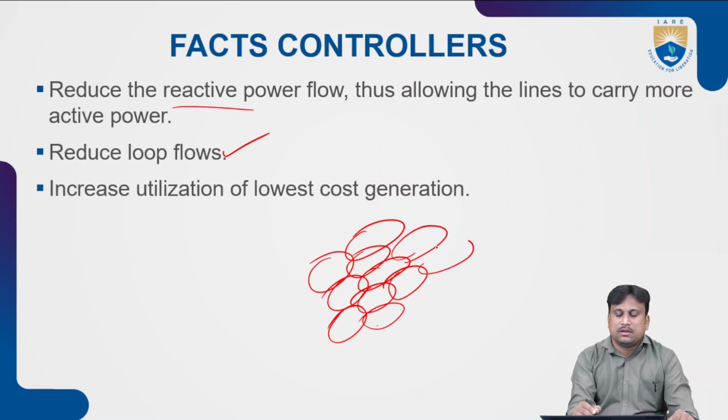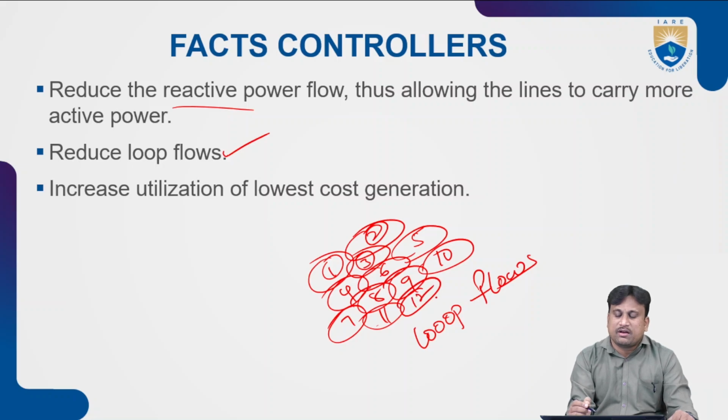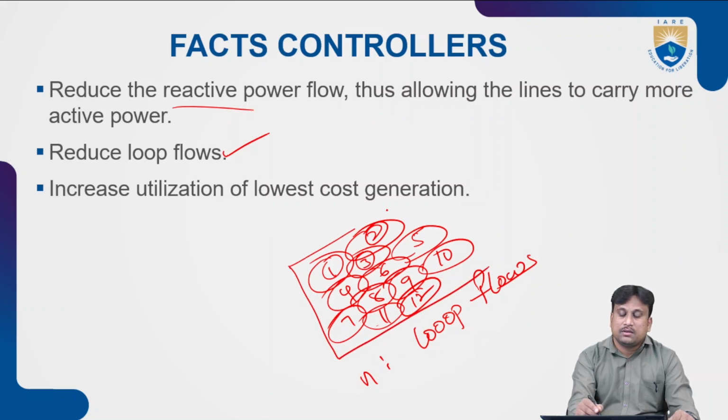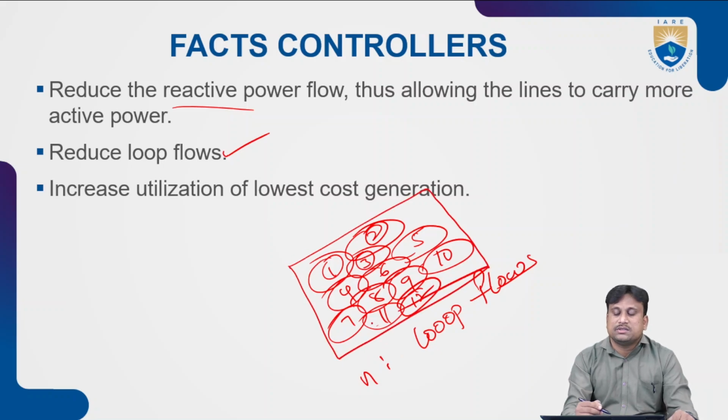So all these are the loop flows. This is loop 1, loop 2, loop 3, loop 4, loop 5, 6, 7, 8, 9, 10, 11. Like that we can consider a number of loop flows. N is the number of loop flows. Then for that whole number of loop flows, that will increase the utilization of the lowest cost generation.